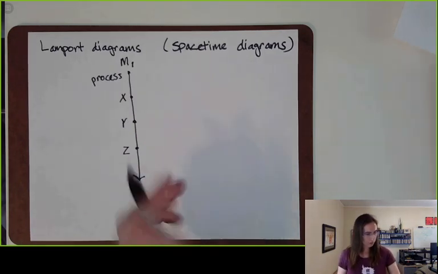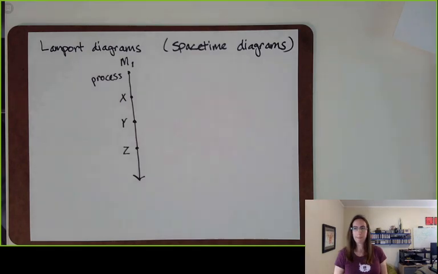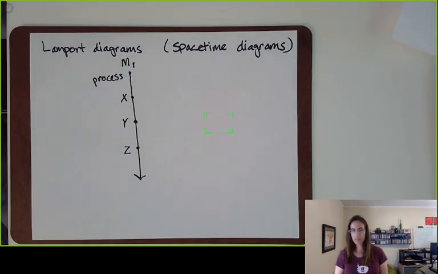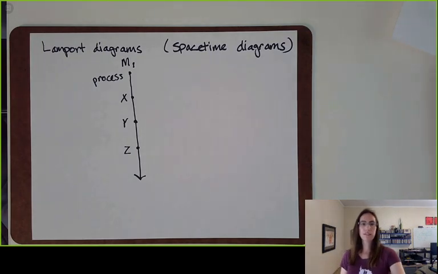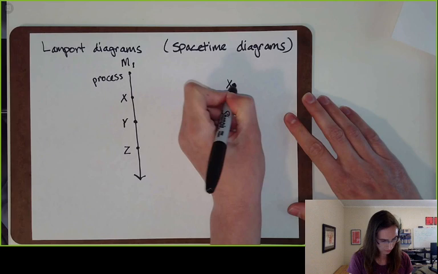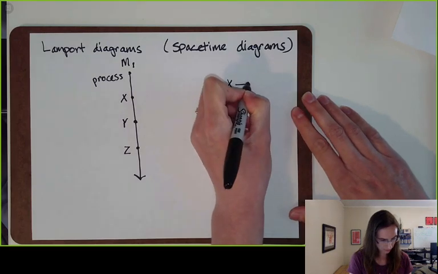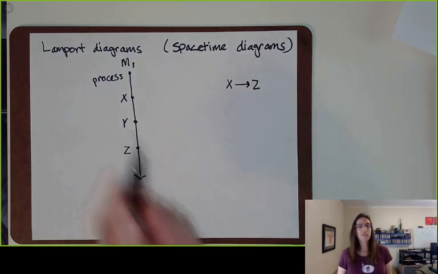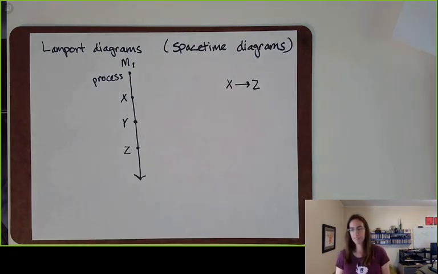could X have caused Z? Sure. Yeah. Could Z have caused X? No. Did X cause Z?